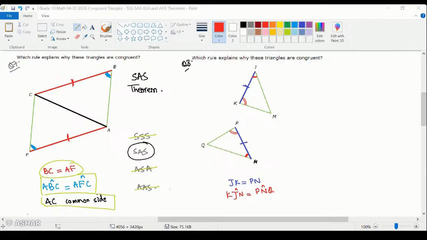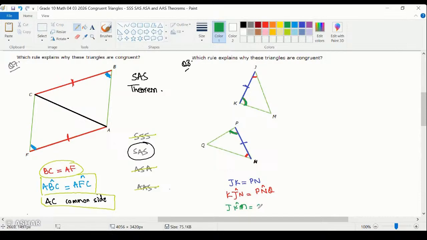And what is the other angle? See, I told you, if we have both the angles on the common side, then it is ASA, right? Okay, for the next angle, we can say we have angle P on the line PN, angle K on the line KJ, right? So we can say JKM, right?